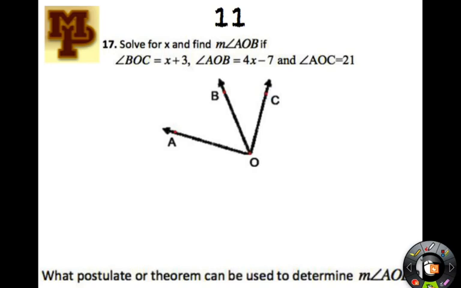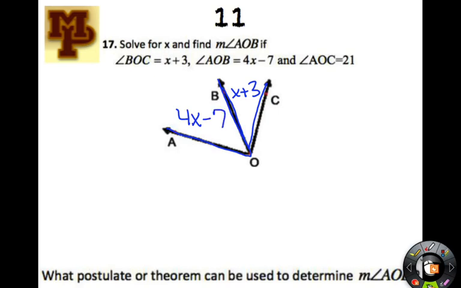Okay, so that was segment addition postulate. So now angle addition postulate. So I would label these. BOC, that's this angle here. So that's x plus 3. And then AOB, that's this one, and that's 4x minus 7.